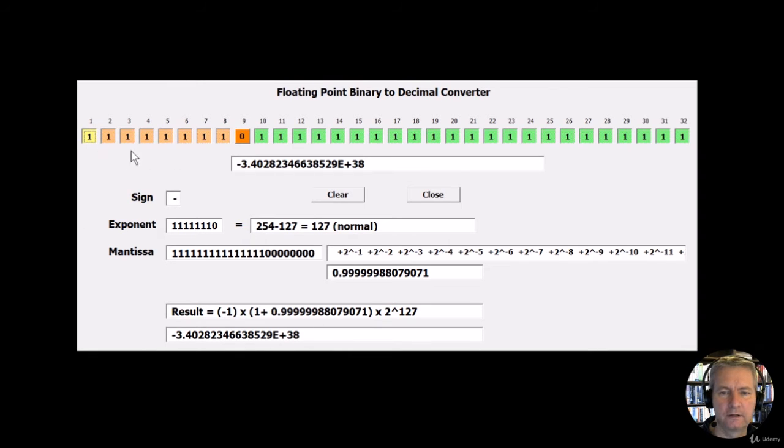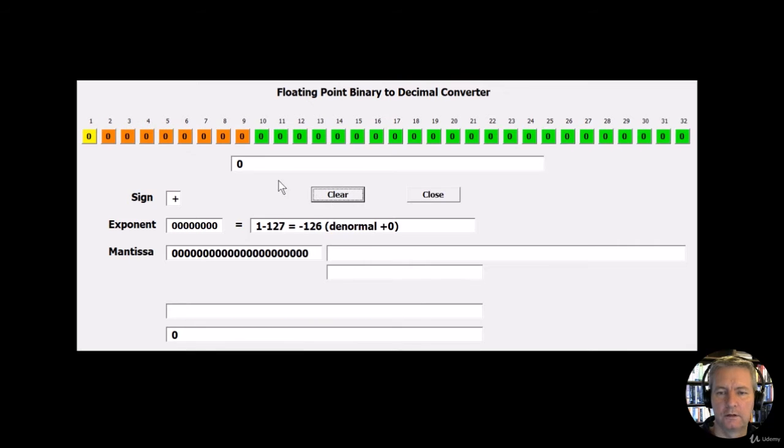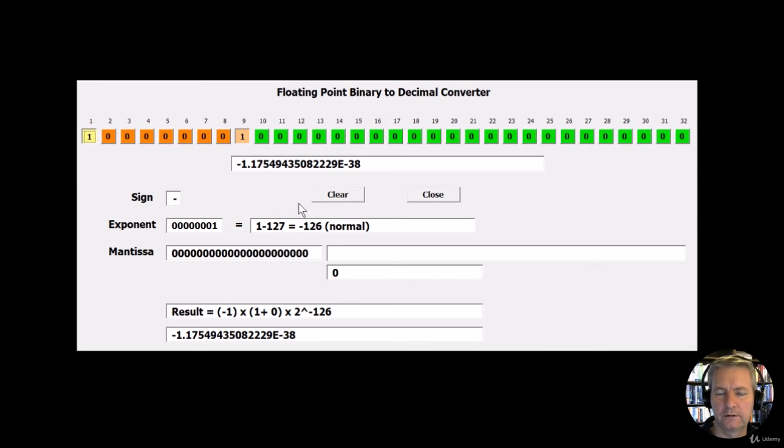Now the same thing can go for the smallest normal number. So the smallest normal number is going to be given by this number here, and of course the equivalent in the negative number line is going to be the 1 here, and again we'll have a look at that number just in a second.